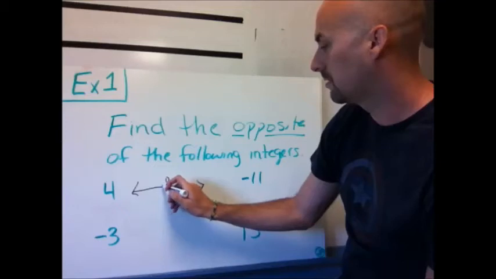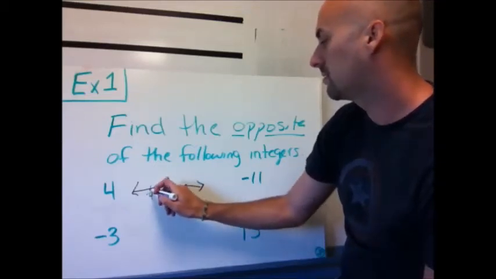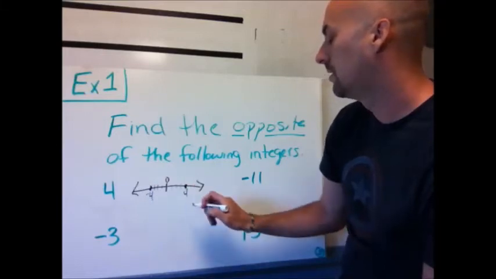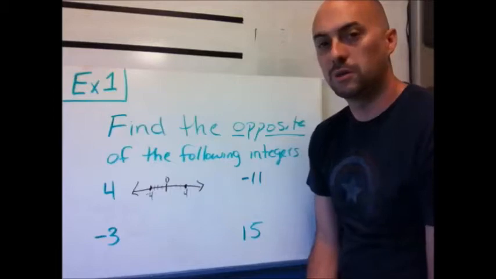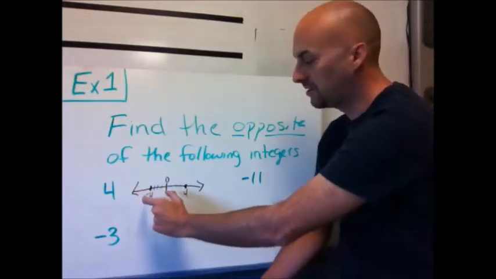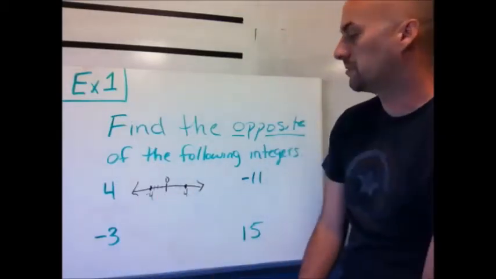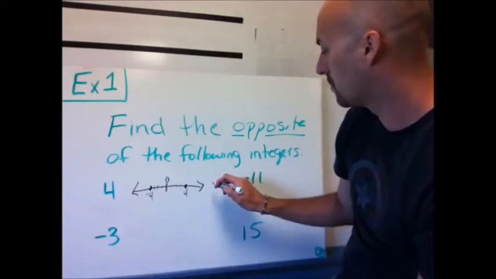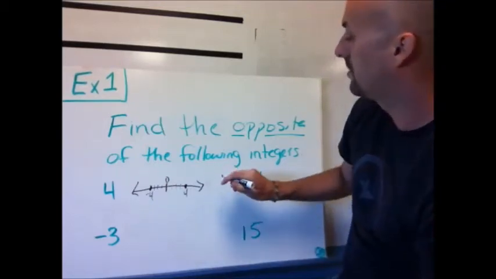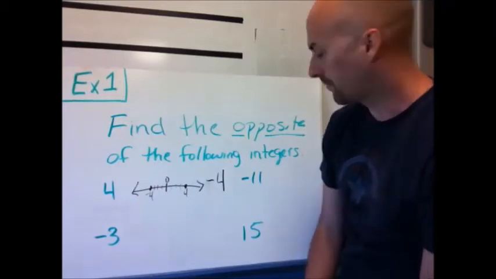So I'm going to go 1, 2, 3, negative 4. So they are both 4 units from 0. This one's in negative land, this one's in positive land, but they are 4 units away from each other. So here's 4, here's negative 4. So the opposite of 4 would be negative 4.